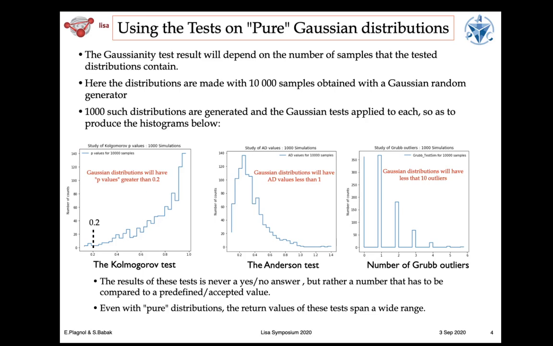So the result of these tests is never a yes or no answer, but rather a number that has to be compared to a predefined accepted value. Let's note that even with pure distributions, the return values of these tests span a wide range.